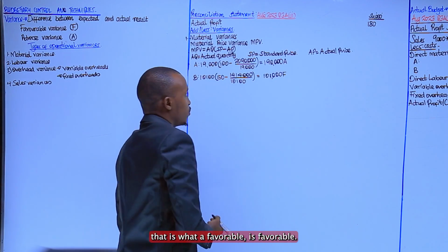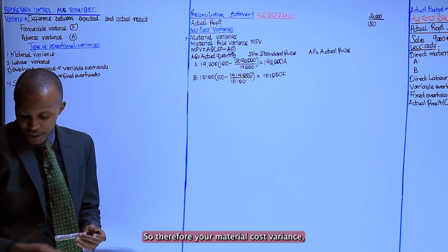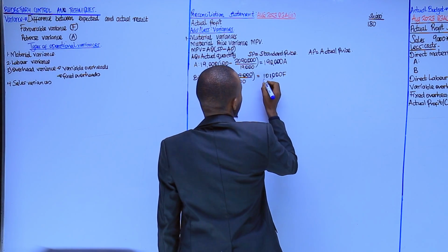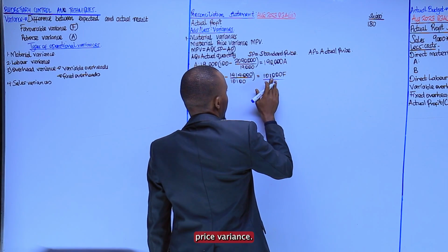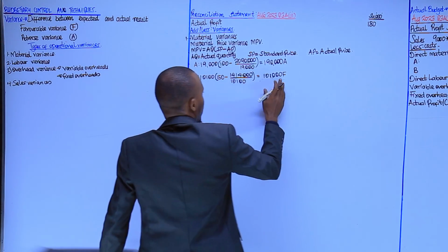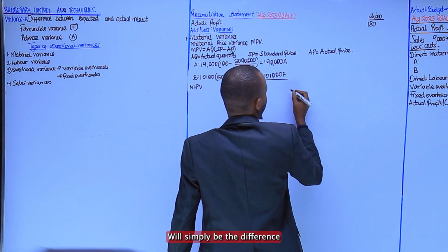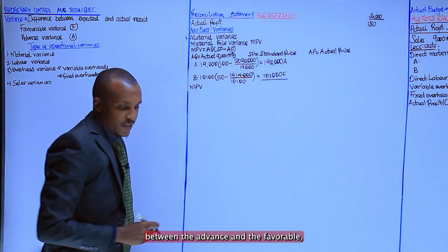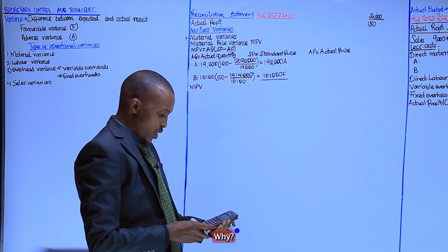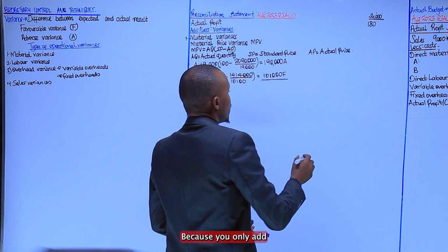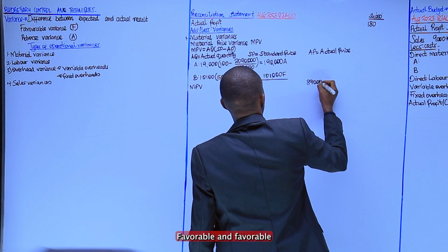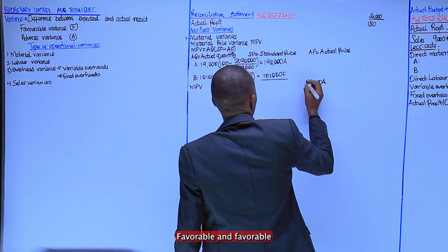So your material price variance will simply be the difference between the adverse and the favorable. Why? Because you only add adverse and adverse, favorable and favorable.